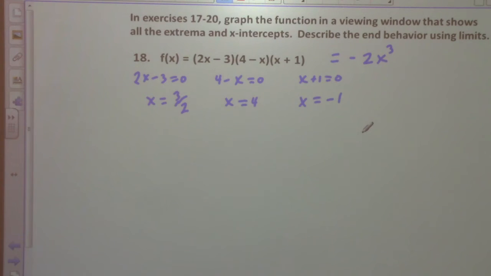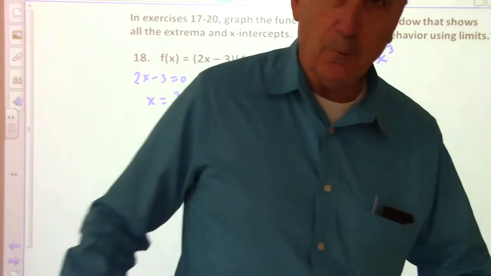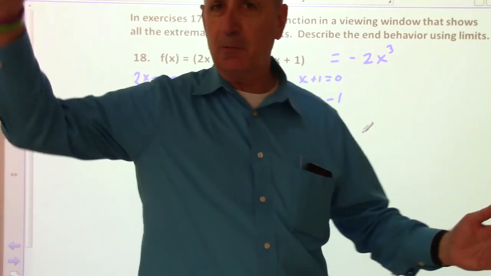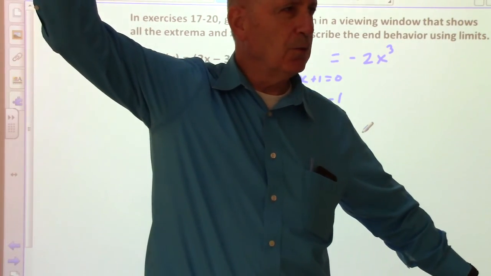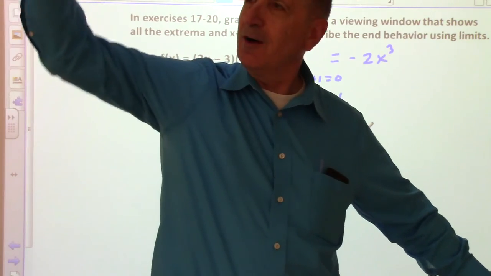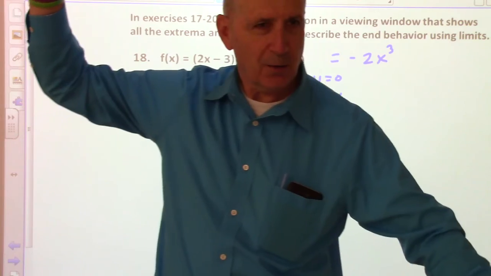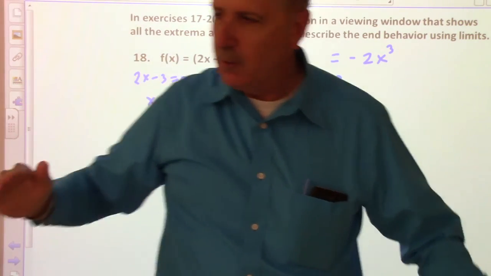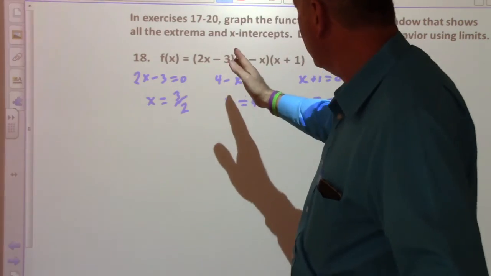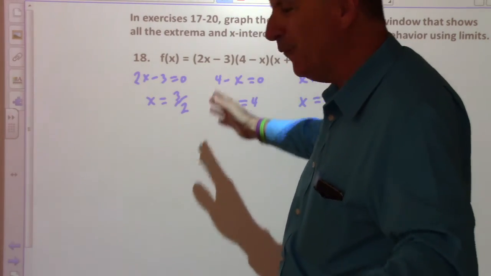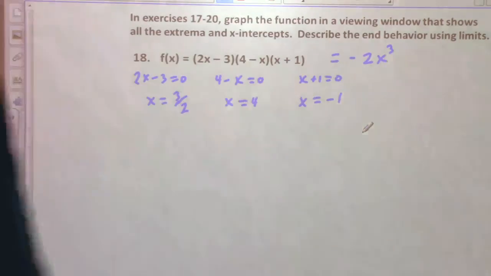Odd negative. So we're going to start where? Yeah, so Elizabeth is pointing with her left hand, which corresponds to my right hand, right? We're going to start high and end low. Yes. Right. So we're going to start up here in quadrant 2. We're going to end down here in quadrant 4. And do we know from this exactly what's going to happen? Well, we can figure it out pretty simply.